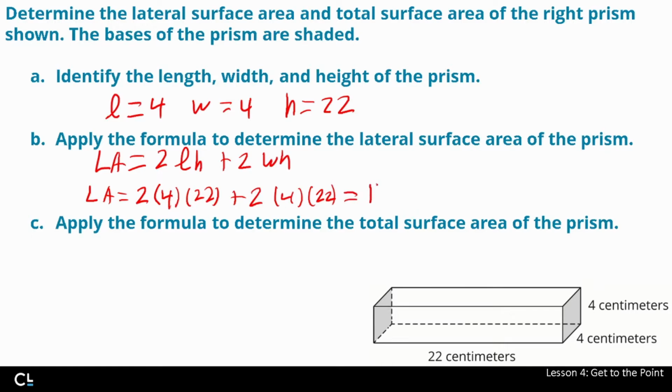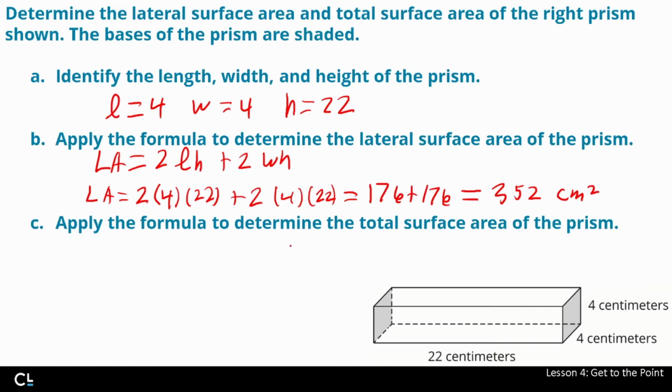So this is going to give me 176 plus 176, and that equals 352. But 352 what? Centimeters squared. There we go.